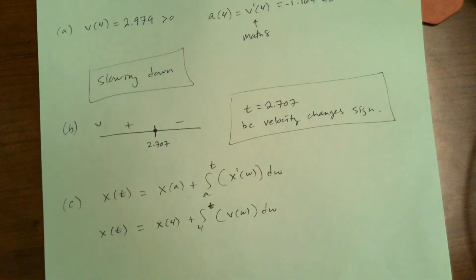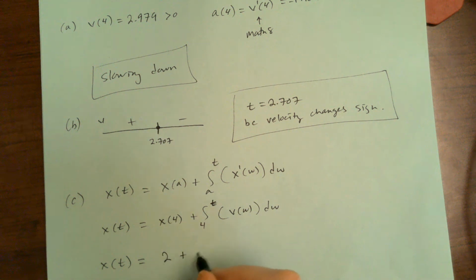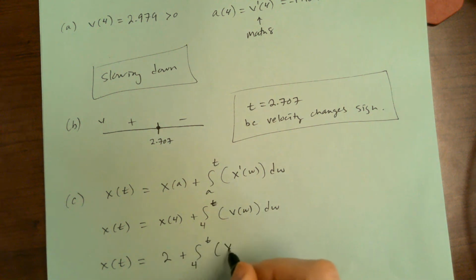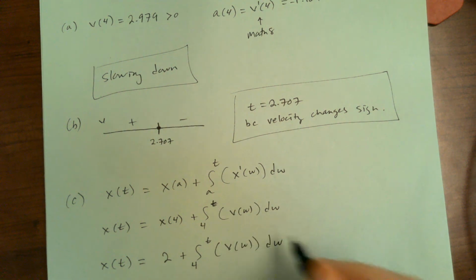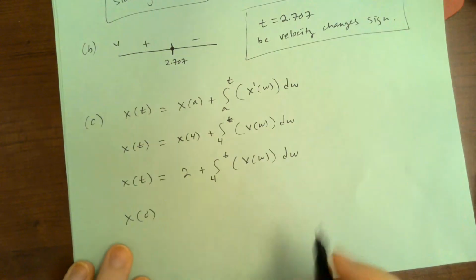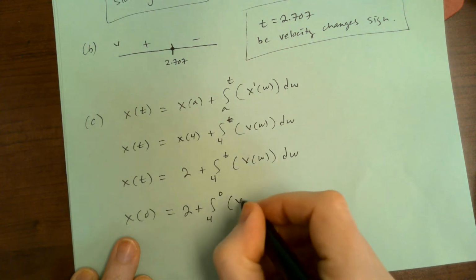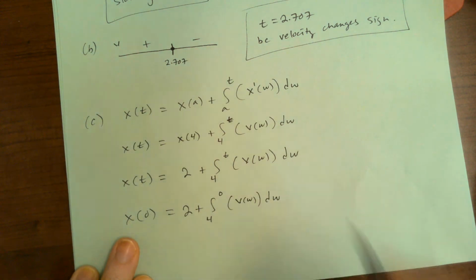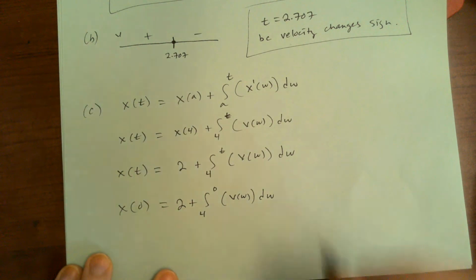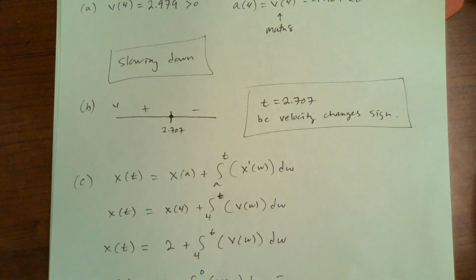So I've got x of t is equal to 2 plus the integral from 4 to t of v of w dw. You could do this a lot faster than me, guys. x of 0 is what I want, which equals 2 plus the integral from 4 to 0 of v of w dw. And then you could use Math 9. Let me turn the lights up and see if you can see my calculator better.